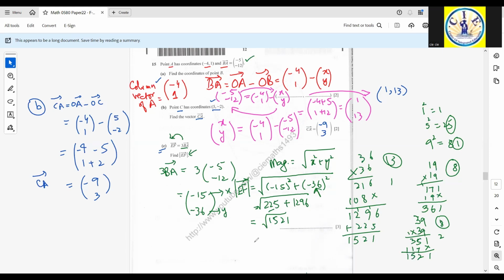Yes. So this is the square root of 1521, 39. So this is its answer.